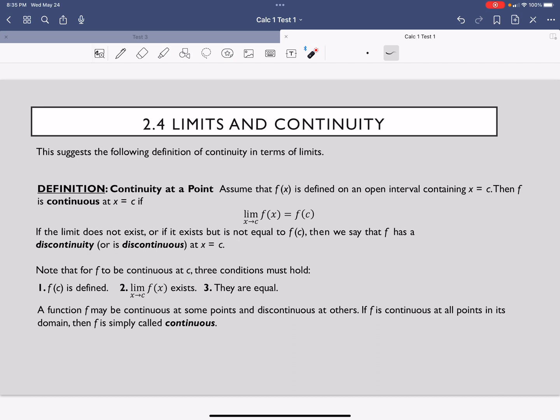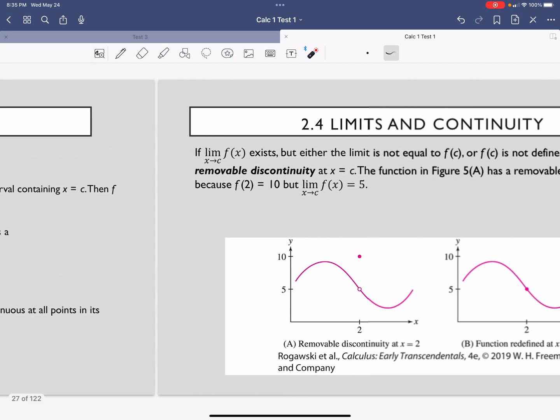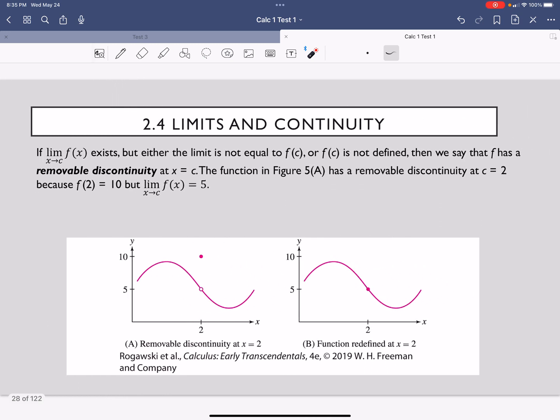So all of those things have to happen for something to be continuous. So let's look at some pictures. If the limit of f of x as x approaches c exists, but either the limit is not equal to f of c or f of c is not defined, then we say that f has a removable discontinuity. That's what's happening right here.